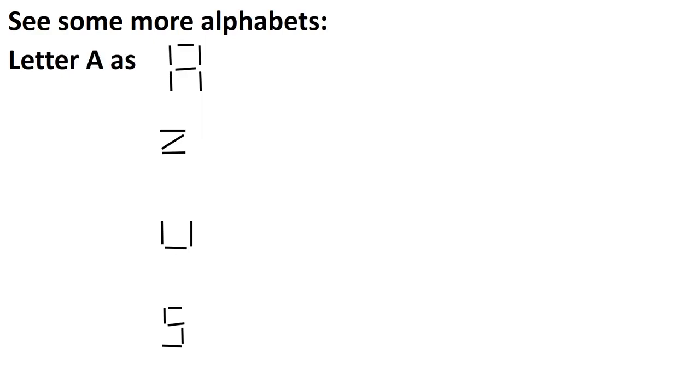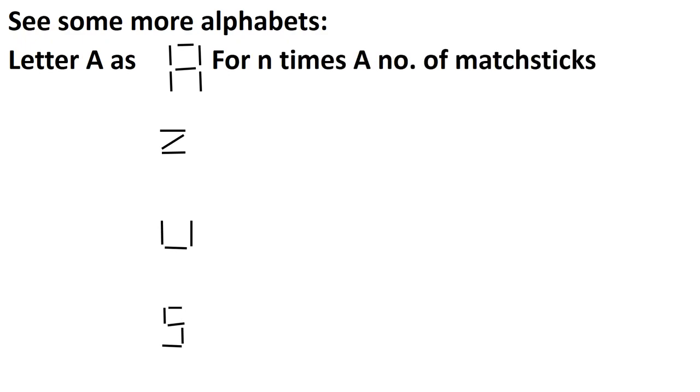Now see some more letters. Letter A. For A we have used 6 matchsticks. So if 6 matchsticks are used for one letter A, how many matchsticks are used for n times A?